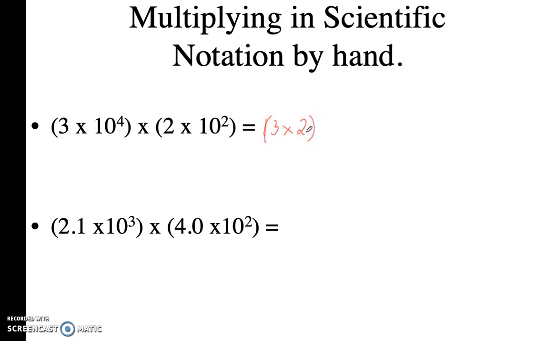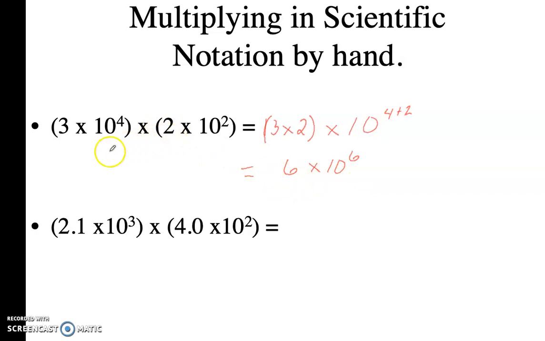Then times 10, and you add the exponents when you multiply, so 4 plus 2. 3 times 2 is 6 times 10 to the 6th. Simple. 1 sig fig.